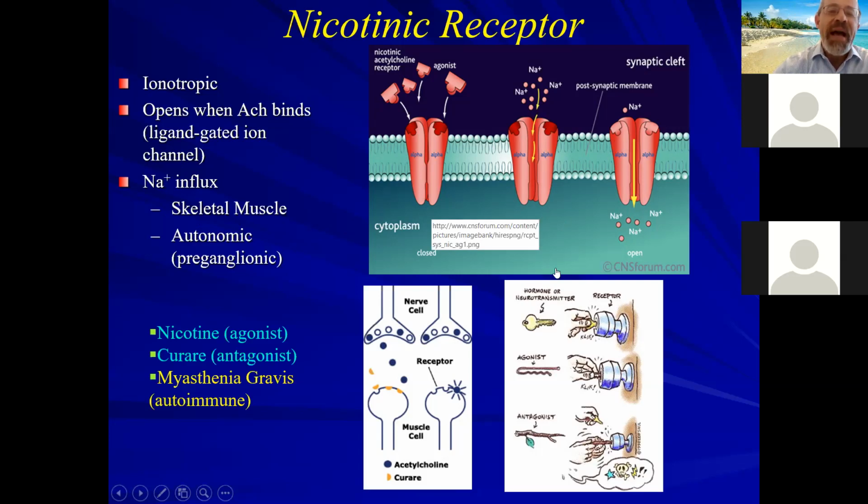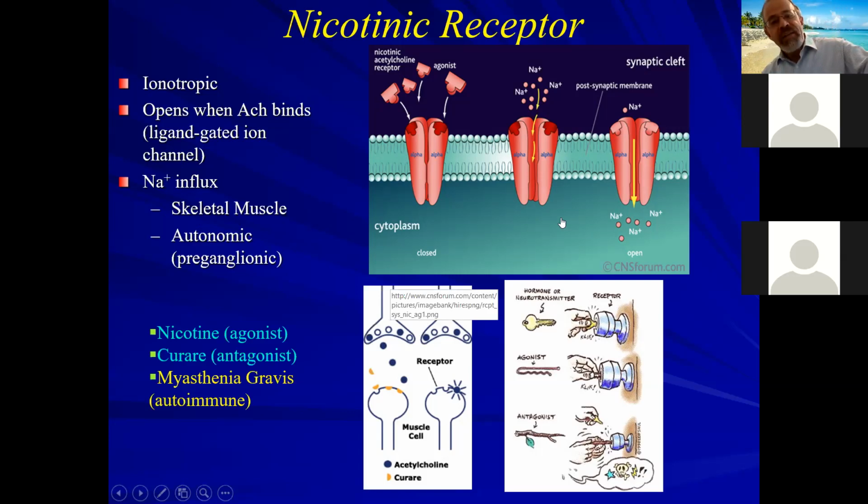Very simple, very fast. So stimulating muscle contraction and what we call preganglionic neurons of the autonomic nervous system. Postganglionic neurons of the autonomic nervous system, as we'll soon see, utilize a receptor that's inhibitory, which explains why it affects the heart, slows it down. But anyway, let's just stay on course here.